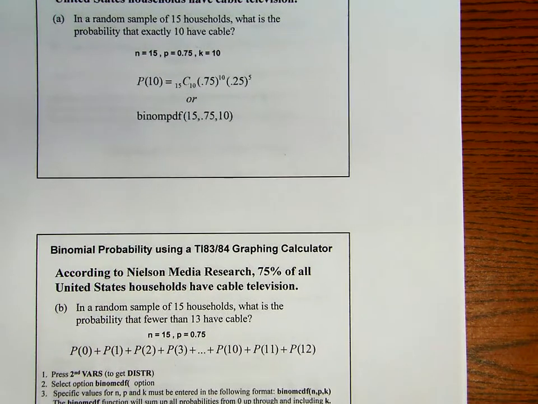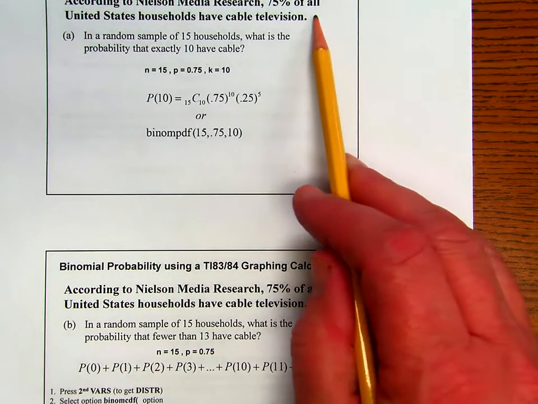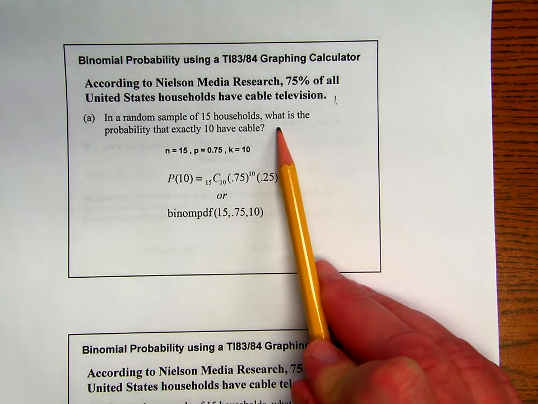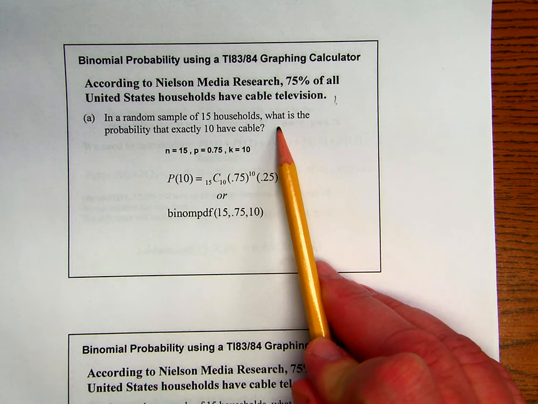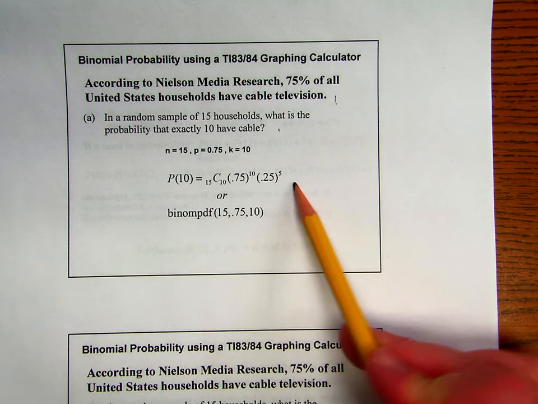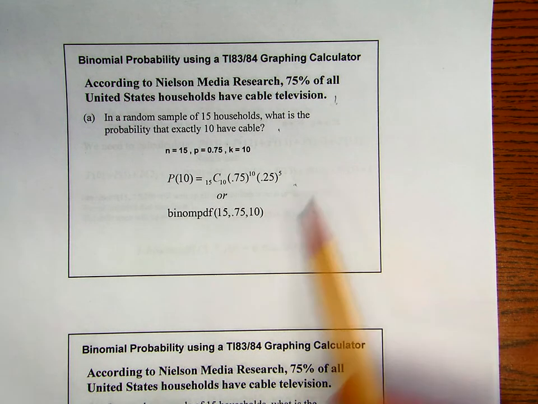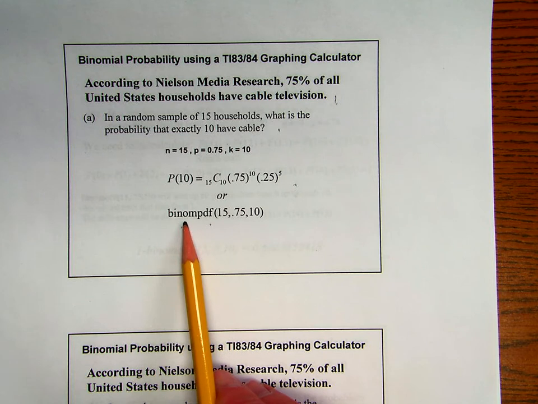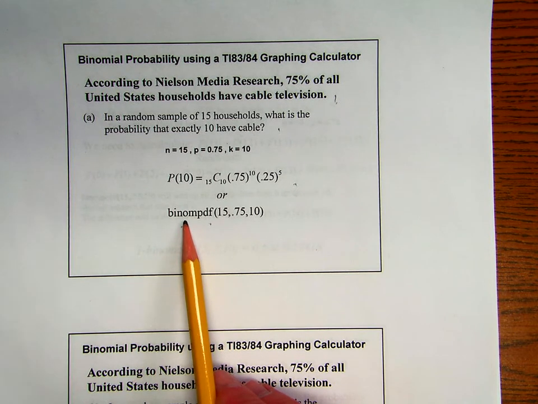So part A, a reminder of the prompt. First question, in a random sample of 15 households, what is the probability exactly 10 have cable? Well, if we were to do this by hand, this is what it would look like. Calculator keystrokes. It would be binomPDF, binom because it's binomial probability.